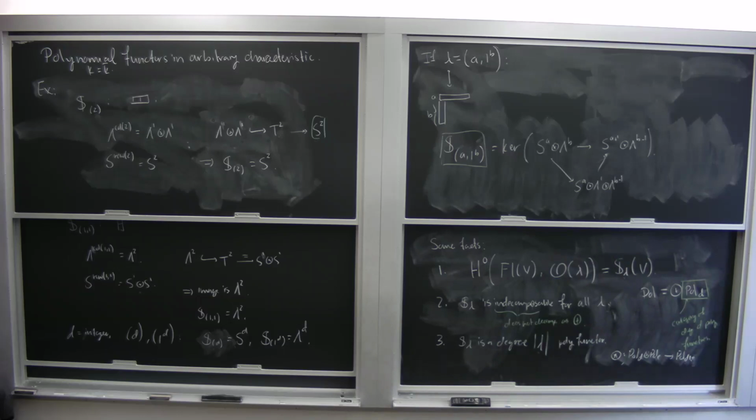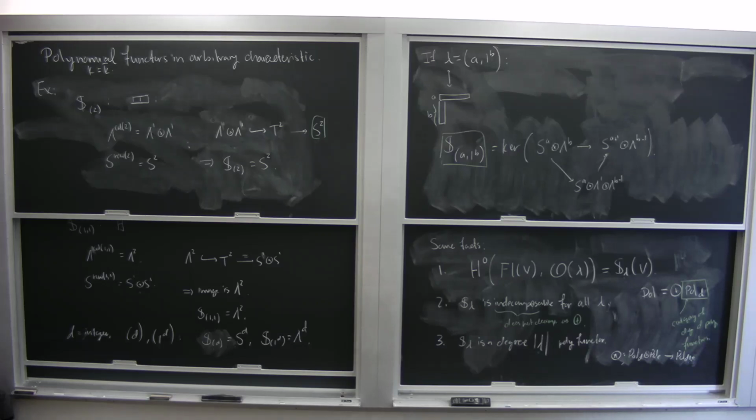This means that there's just no proper submodules, period. And in fact, Pol D is really just the same thing as taking all direct sums of S lambda, where the size of lambda is equal to D.